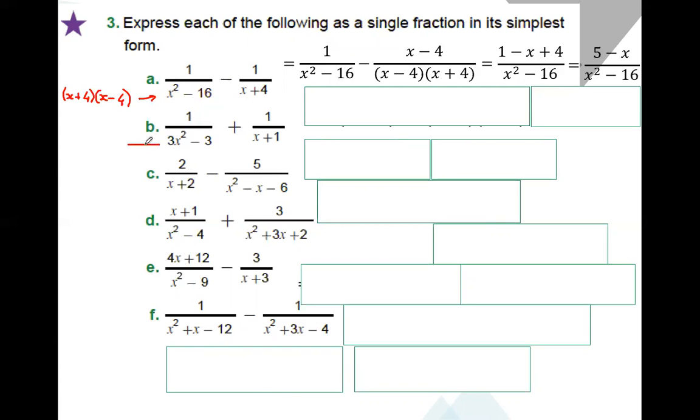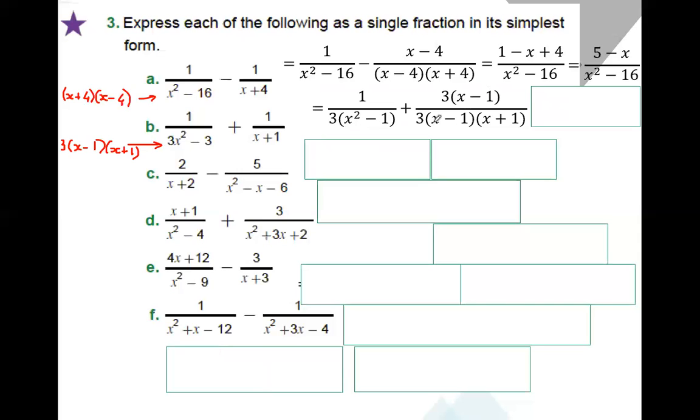Here, you've got to factorize. And once you factorize, you will see that you've got 3 times x squared minus 1, which is again a difference of two squares. X minus 1 times x plus 1. So you've got to see that you can factorize.